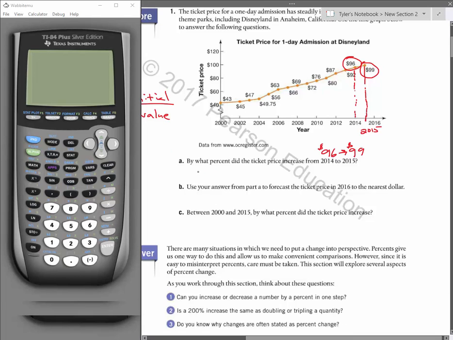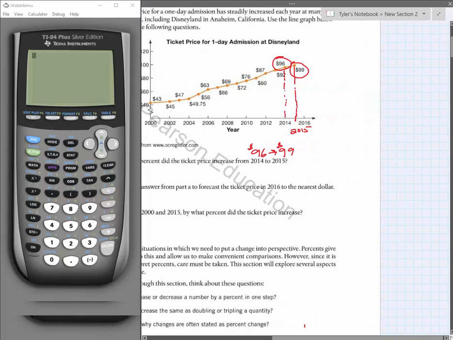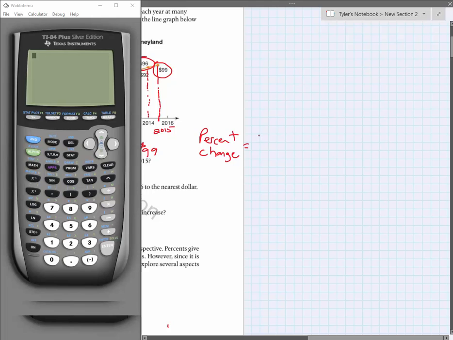Following our formula for percent change, we want to take the final value minus the initial, all divided by the initial value.